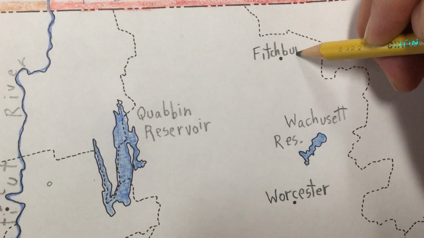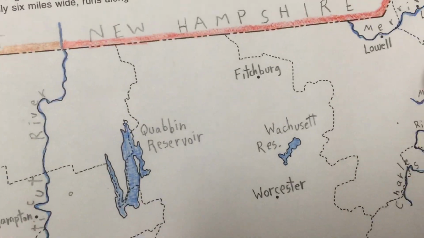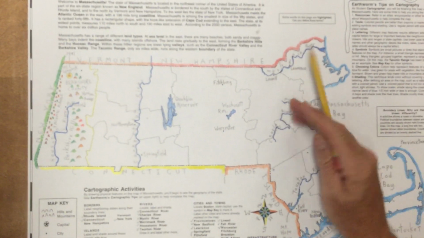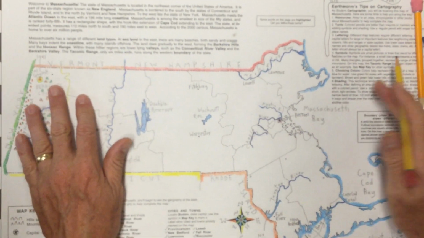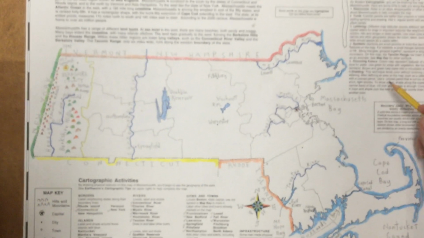The reason I chose these is because they're kind of spread out around the state. But at some point we might look at a map showing just how many cities and towns there are, and you'll see how densely populated some of these areas are.